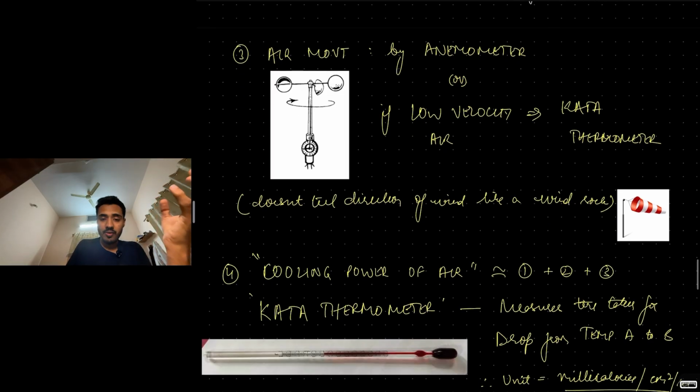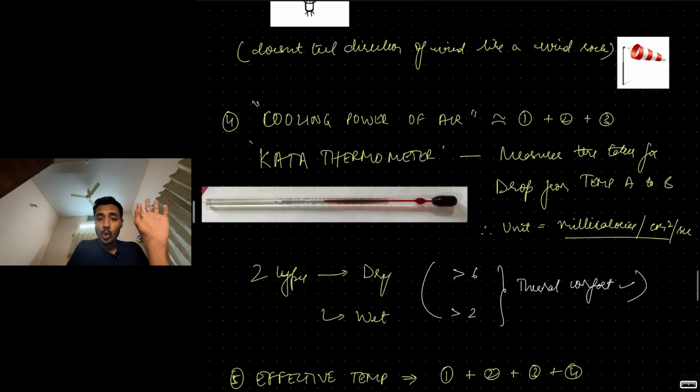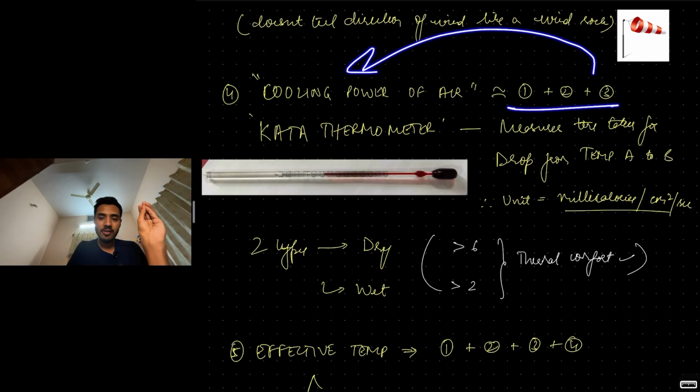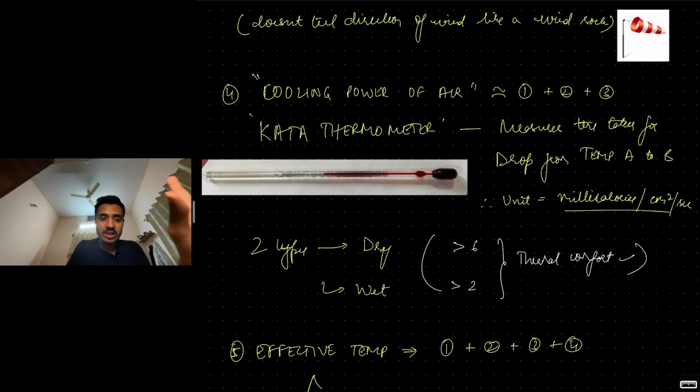Then coming to the cooling power of air, the fourth one, which is a combination of air temperature, air humidity, and air movement. The combination of the three gives you the cooling power of air, measured by a kata thermometer. How do you identify a kata thermometer? A red bulb.